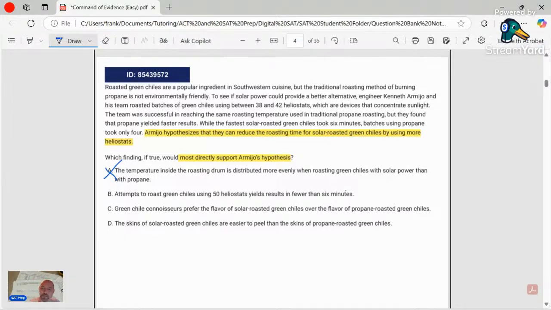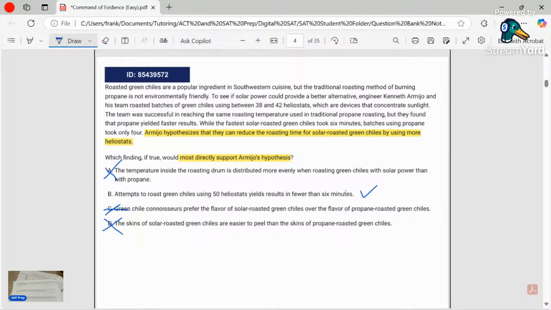Well, that addresses it. Now we'll see if it's accurate. Green chile connoisseurs prefer the flavor of solar roasted green chile. That's about flavor. That's out. The skins of solar roasted green chiles are easier to peel than skins of propane. It's not about time. So I would have to check B to see if it's accurate to the data, and I'll do it anyway just to prove that it is.